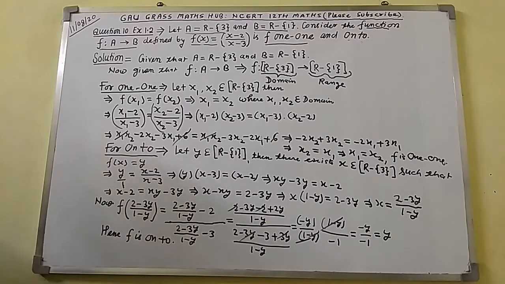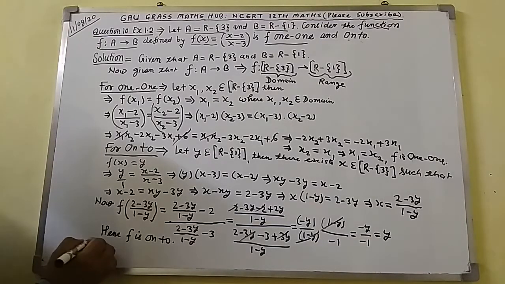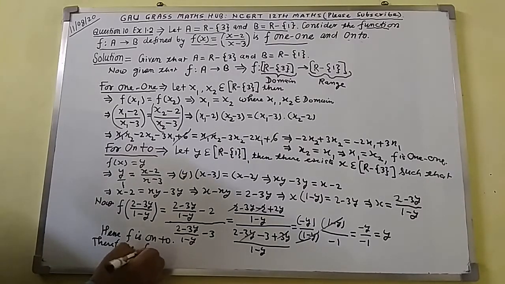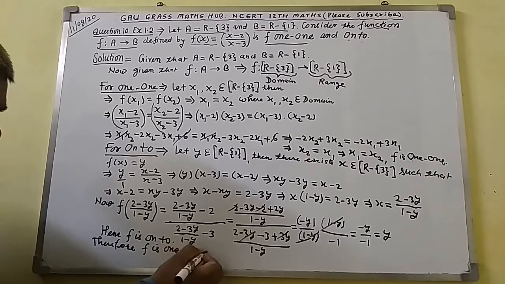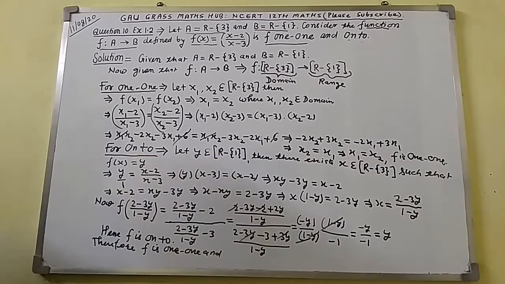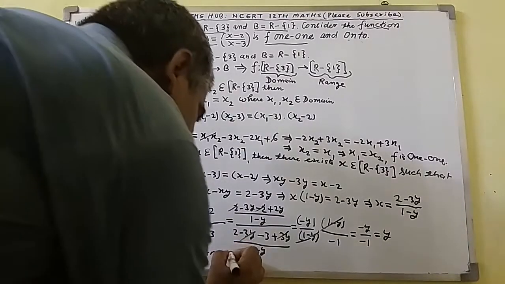So now in summary you can write, therefore f is one-one and onto.